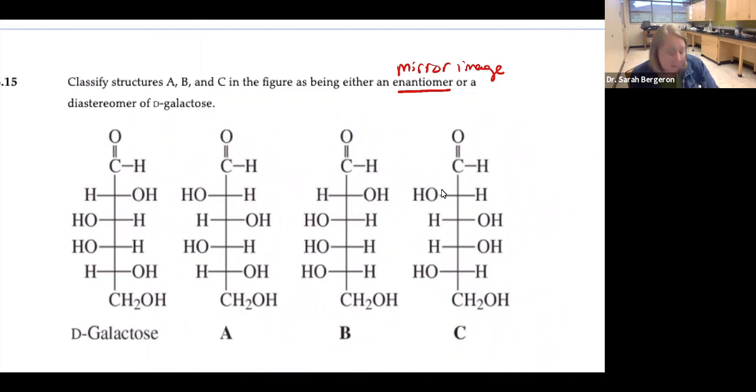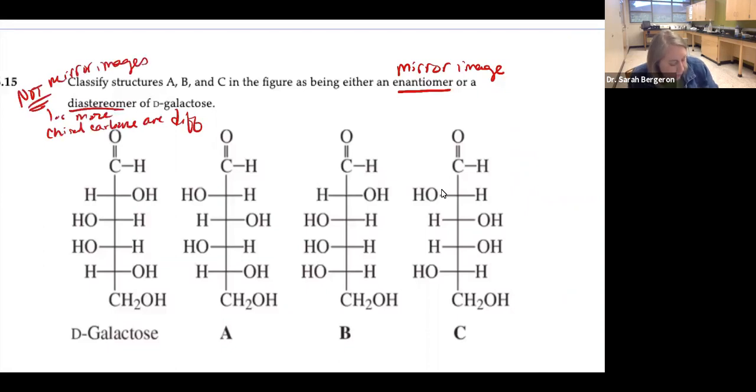Everything's the same except some of those chiral carbons have their sides swapped. So you have one or more, but not all, chiral carbons that are different. But these are not mirror images.